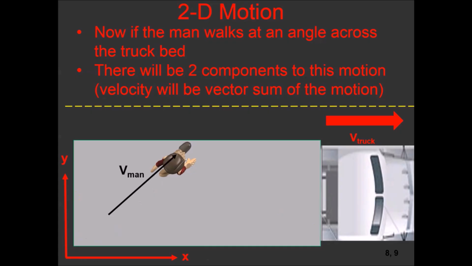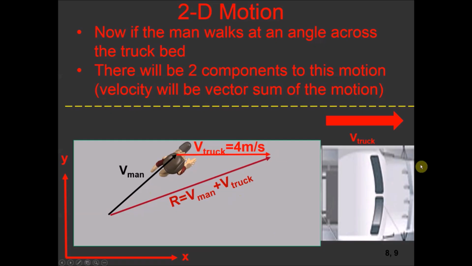If this were the case, there would be two components to his motion. There would be the velocity of the truck in the forwards direction, 4 meters per second, and then we'd have to look at the velocity of the man and find the resultant of the man's velocity and the truck's velocity, a vector sum of his motion.